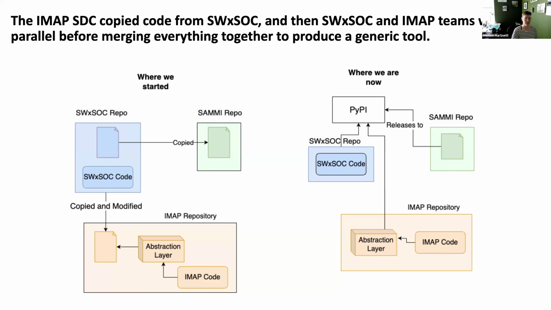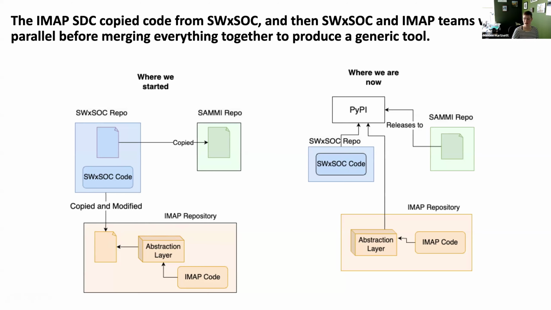So I copied a lot of the code out, rewrote pieces of it, pulled out chunks that we could share, and then added an abstraction layer in the IMAP repository. That way we could update the Sammy code without breaking IMAP. The IMAP code was only looking at this abstraction layer, and I had total control over that. That API didn't change, but we could update Sammy behind it without messing with any of the IMAP code that ended up using it pretty quickly.